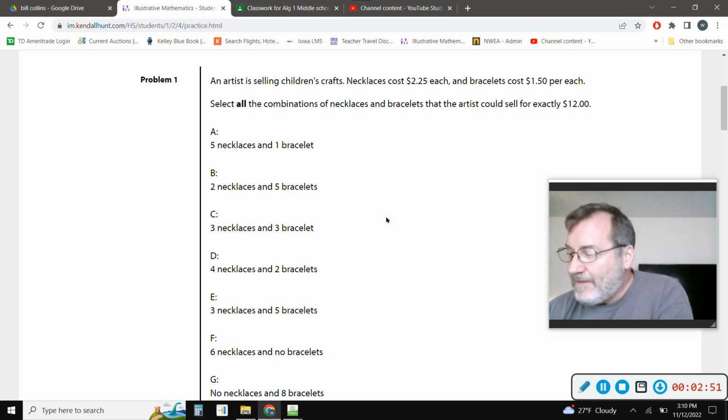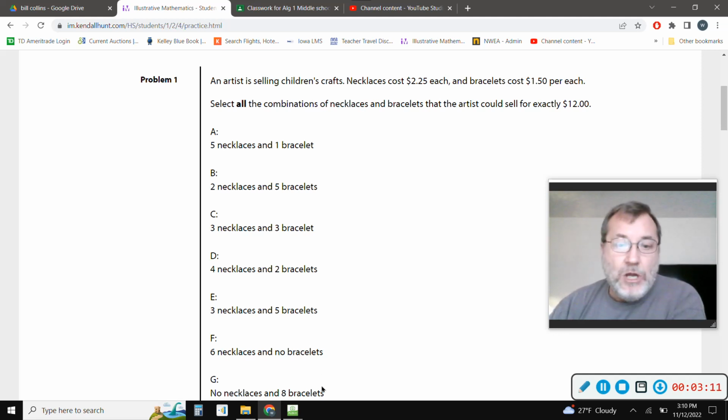So 5 times 2.25 is going to be $11.25. And I'm going to add to that 1 times 1.5. You add this up, and you get $12.75. So that first one is a big old no.